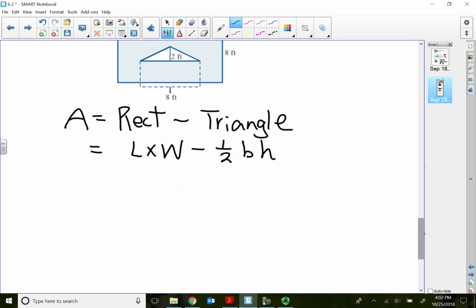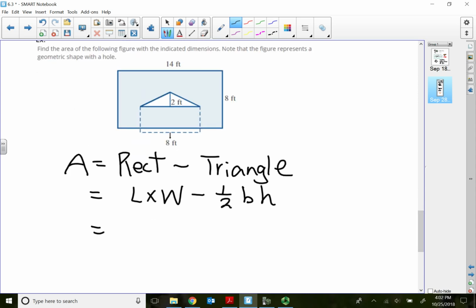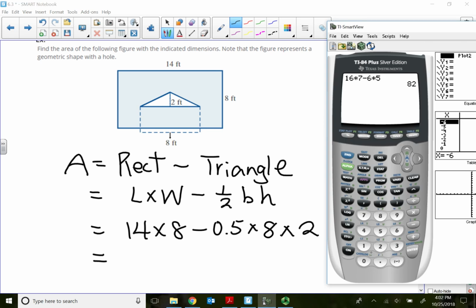Oh, too far down. Sorry. So let's see. My rectangle is 14 feet by 8 feet. So that's 14 times 8 minus half, which is 0.5, times the area. The base of the triangle is 8 feet times the height, which is 2 feet. Let's punch it in.